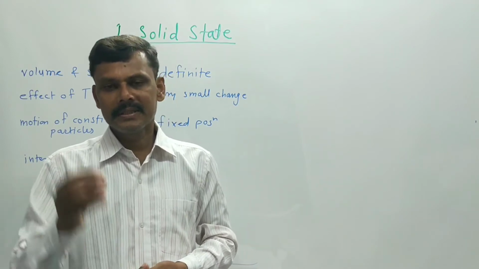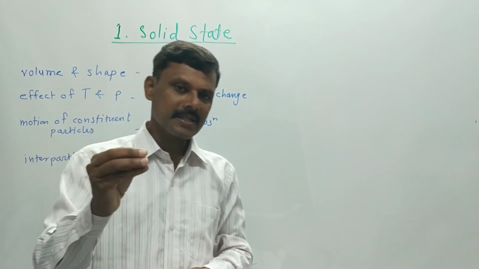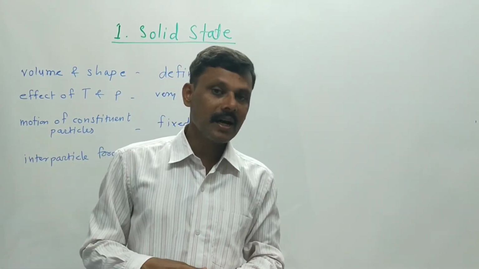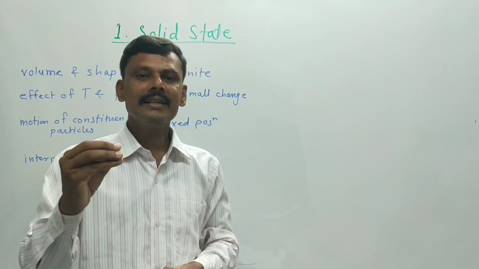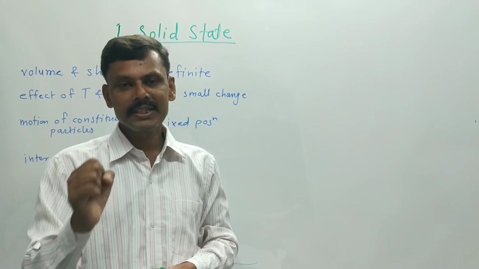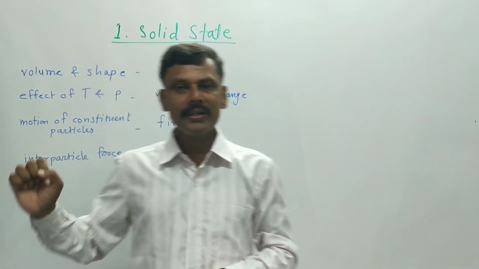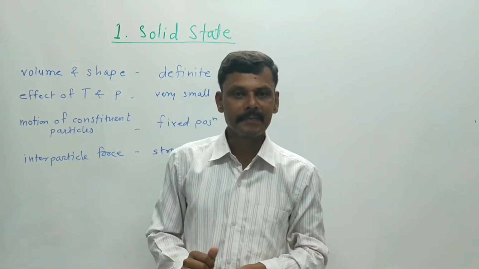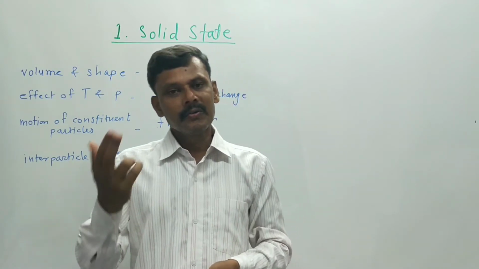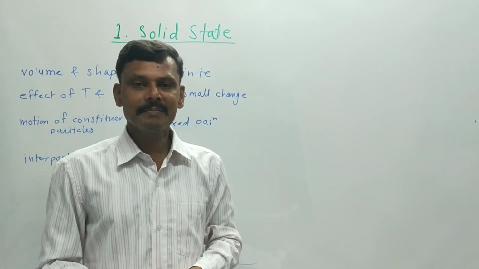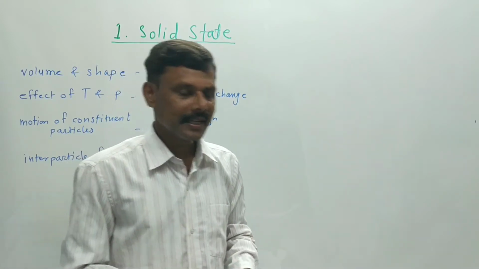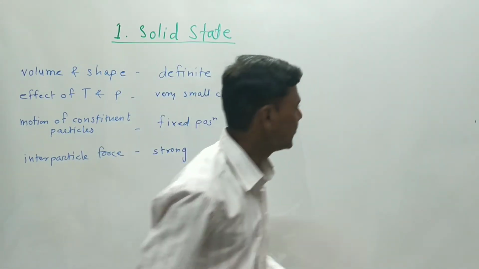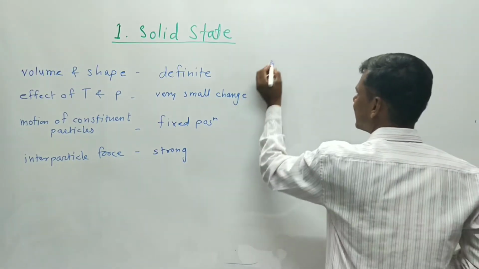Means these substances are solid, but some substances do not obey all the properties of solid. So we can classify these solids into two types, that is amorphous solid and crystalline solid.